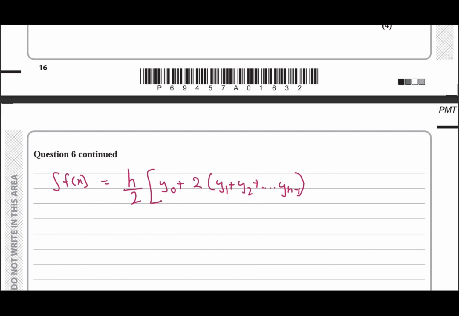So everything from y1, the second y term, up to the second last one is multiplied by 2. Then you finally add yn, which is the last one.